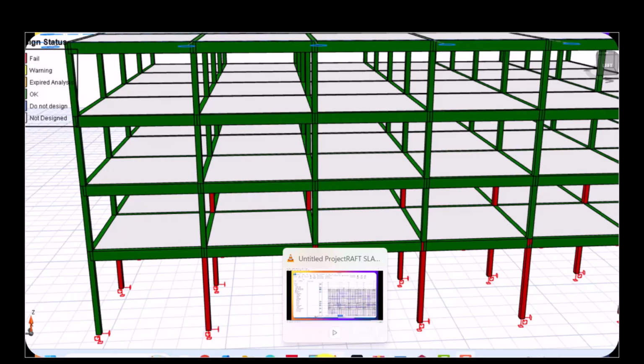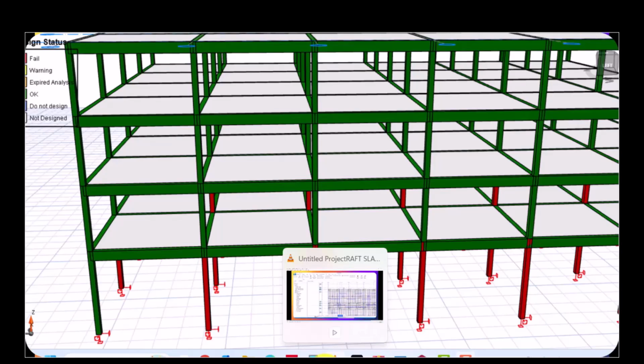So if it can carry this, the same frame can carry an extra floor, without taking into consideration that the more you increase the stories, the more you are increasing the load.